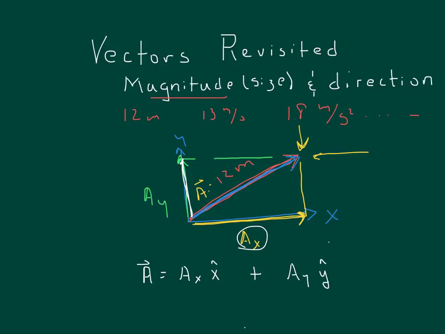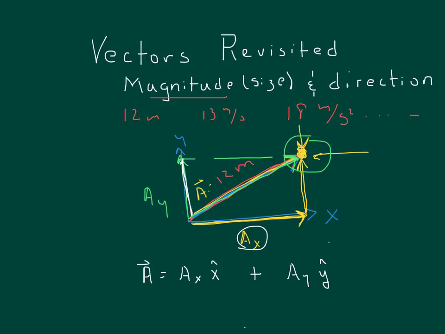And what we're saying is that if you want to get to the point right here that A points to, then you go in the direction AX here, and then in the direction AY here, and that will get you to the same place as if you went in the direction A. That is what the components tell us.